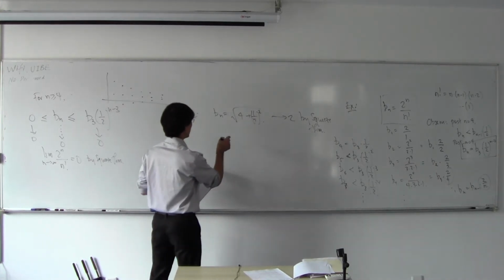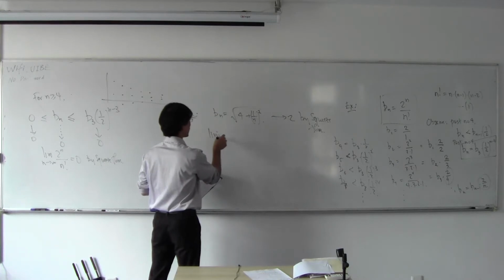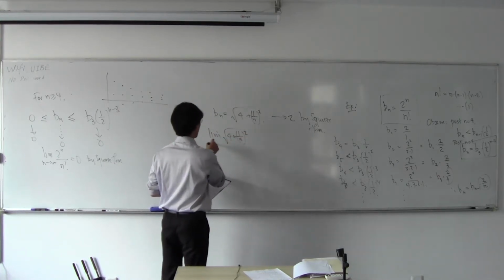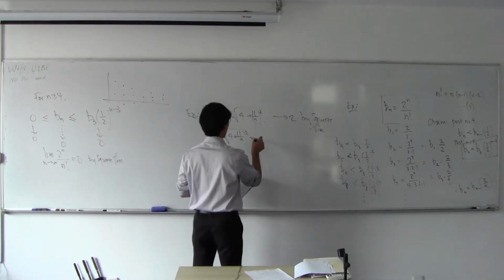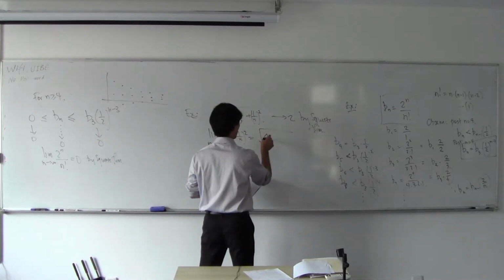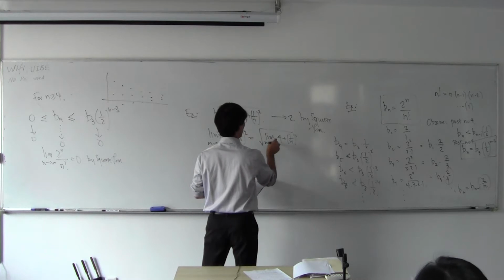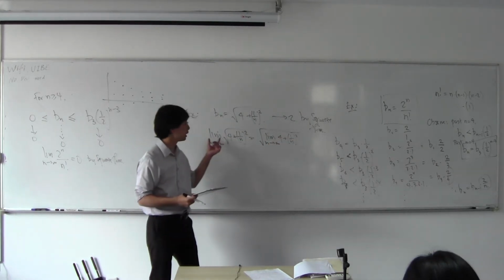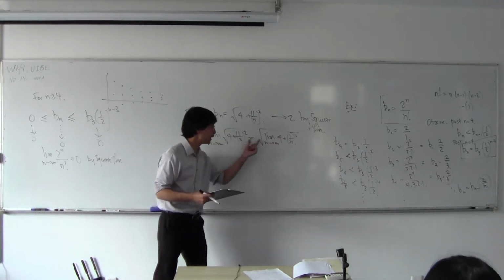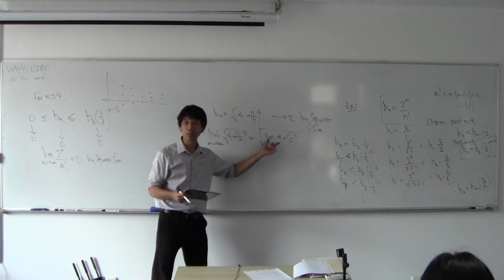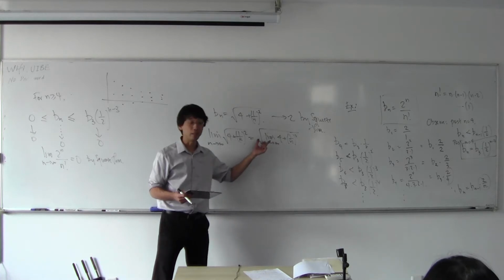Your initial idea is that the limit of this thing, as n goes to infinity, really should be just the square root of the limit of this thing. You feel like you should be able to put the limit inside here and slide the limit through the square root, right? And so the question is, is that okay?